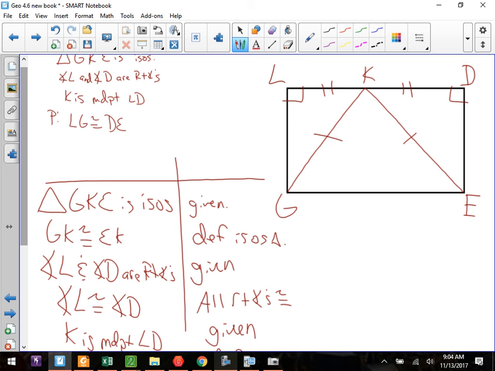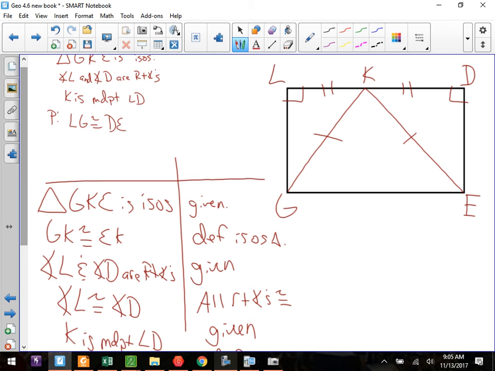Where is the reflexive property between those two right triangles? In this case there's no reflexive property between those two, because you're trying to get to the right triangles. So it's not going to work itself through.